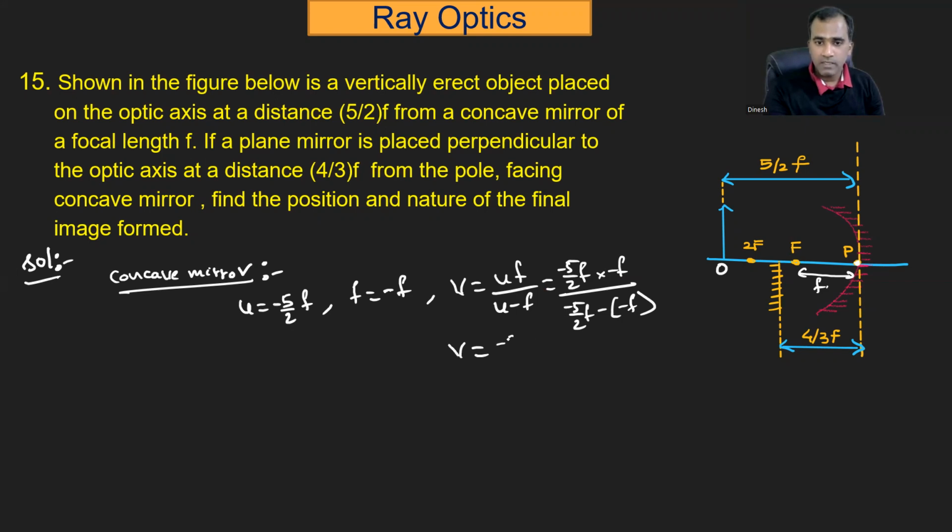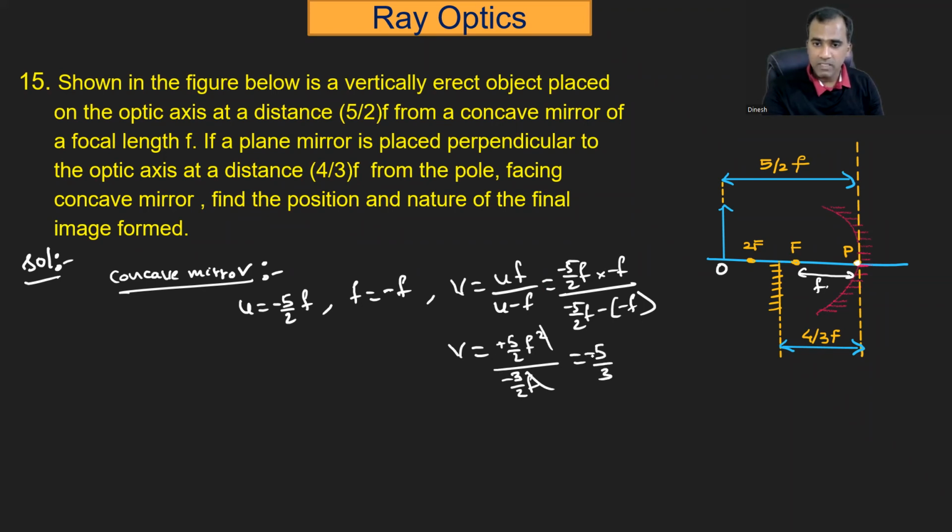Minus into minus is plus 5 by 2 f squared, divided by minus 5 by 2 f plus f, which is minus 3 by 2 f. 5 by 2 plus 1, minus 5 by 2 plus 1 is minus 3 by 2. The 2 gets cancelled, and one f gets cancelled.